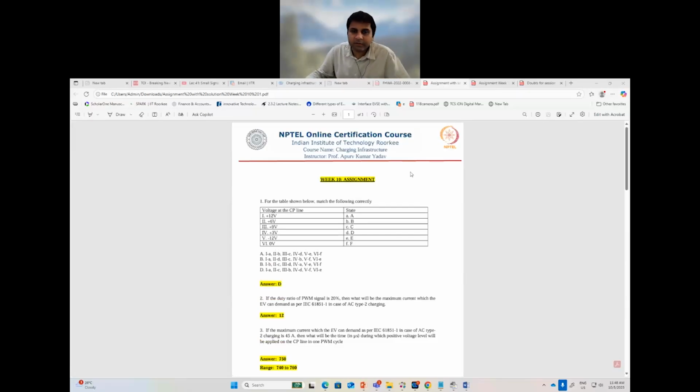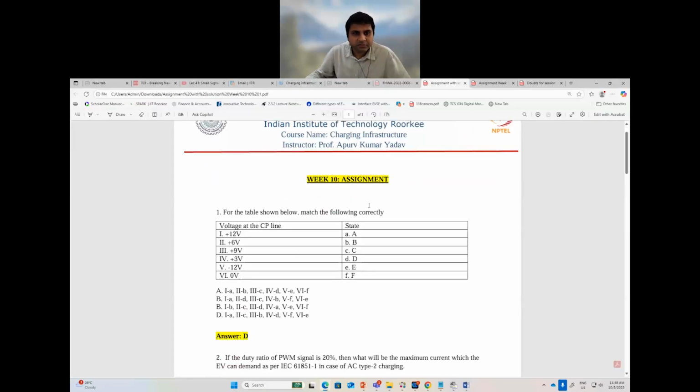In the first question, the voltage at the CP line is given and you have to identify the state.